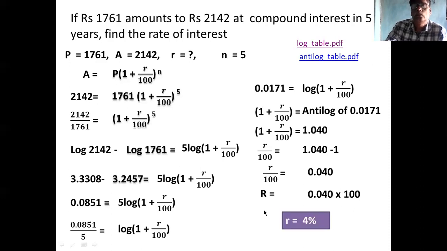Okay, so R is equal to 4%. Clear? R is equal to 4%. Any doubt how to calculate the R value?